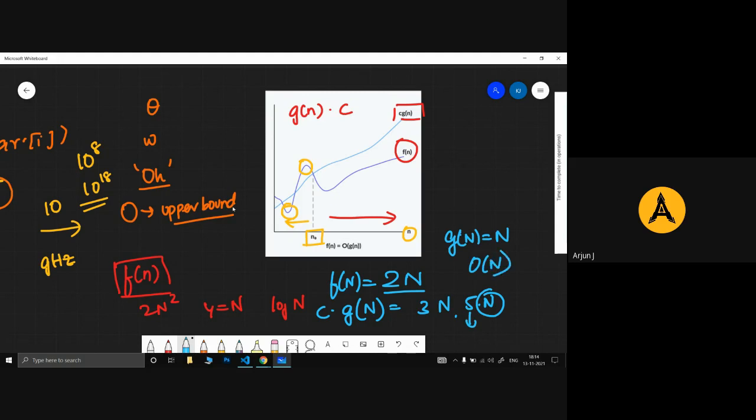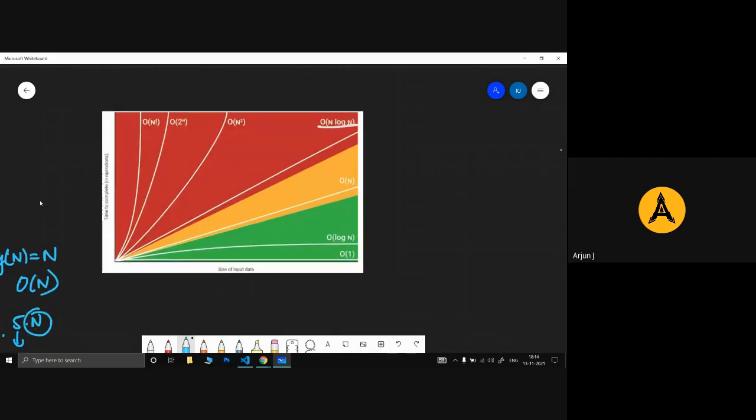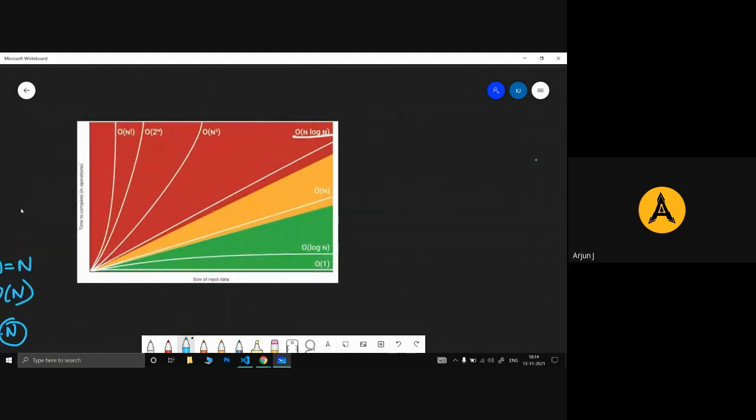There are famous time complexity notations. As we see with big O notation, I have listed all the famous ones. O of 1 is going to take constant time, which means that your algorithm does not depend on the input size. Next comes O of log n, which takes logarithmic time. Then O of n, which is linear.